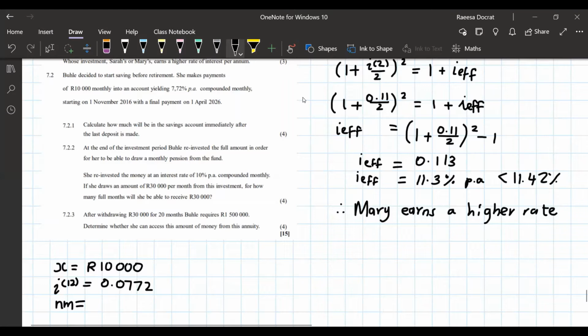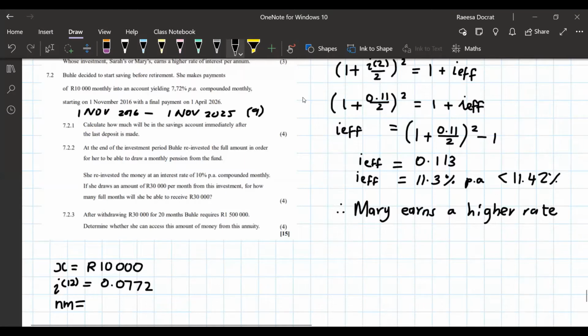Between that, there would be 9 full years. From the 1st of November 2016 to the 1st of November 2025, that is 9 years.